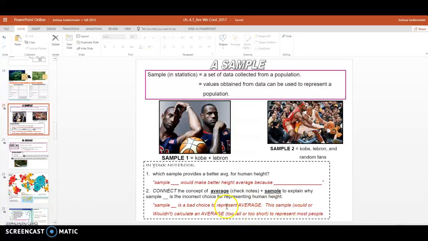So are you saying the sample would calculate an average too tall, or too short, or are you saying this sample wouldn't calculate an average too tall or too short to represent most people? Complete the sentence as you best think in your notebook.